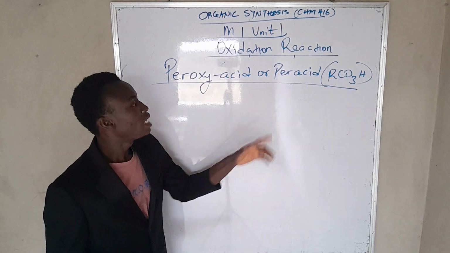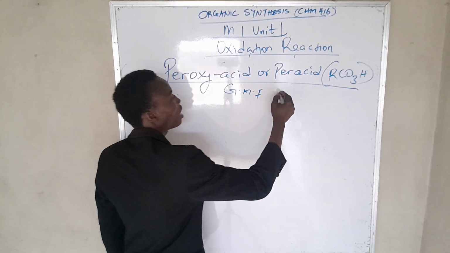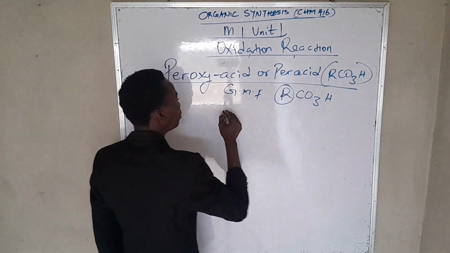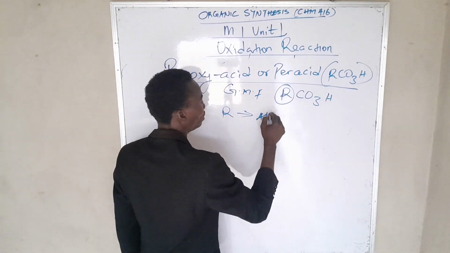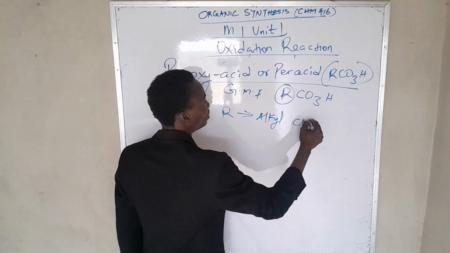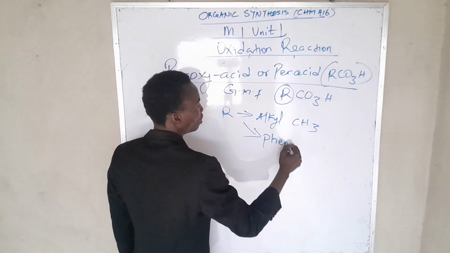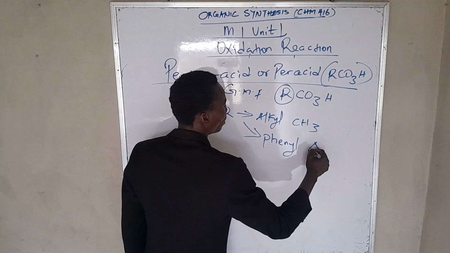Okay. So they have a general molecular formula. The general molecular formula for this acid is RCO3H. You see, this R here can represent an alkyl group such as CH3, and it can also represent what we call the phenyl. Take note of that, such as the compound that we have here right now.